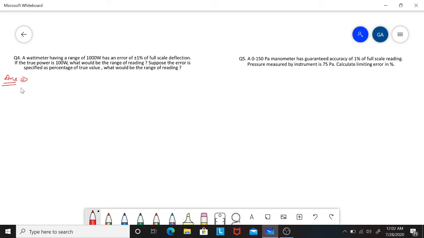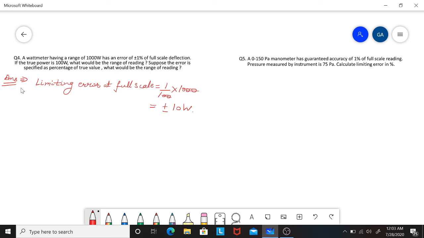So what would be the limiting error at full scale? 1% into 1000, so it will be ± 10 watt, right?